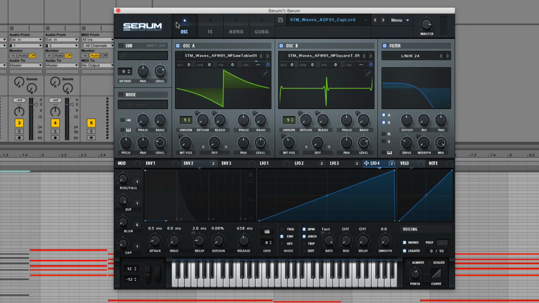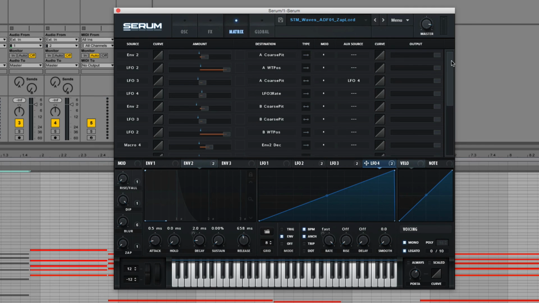Okay, this patch is pretty complicated, so I'm just going to show the matrix screen first for you to look at. This is the ZapLord patch. It's a combination Zap, trap horn, and then also festival lead that you can change with the macros.